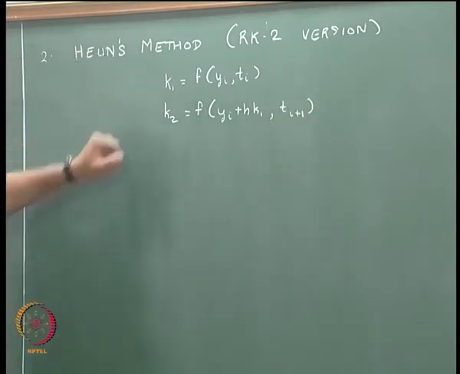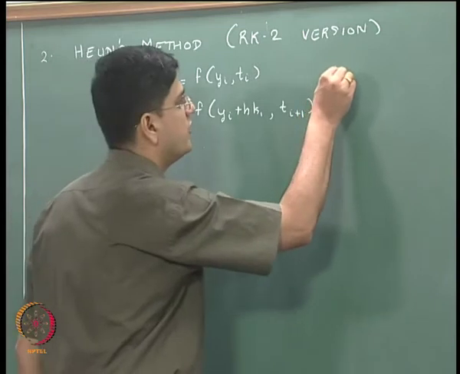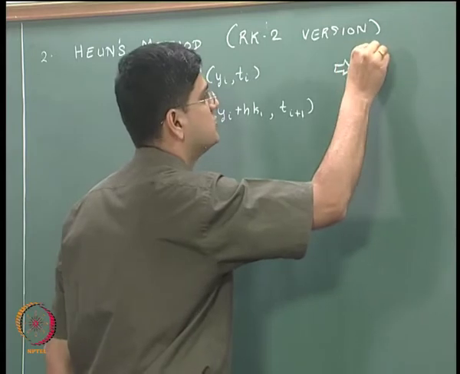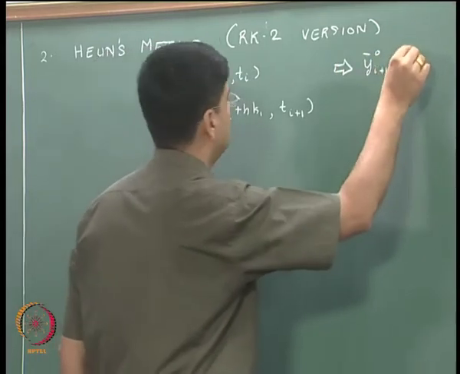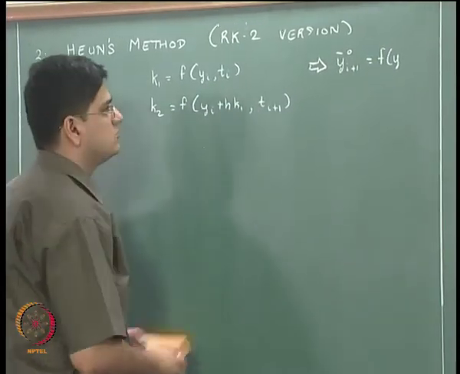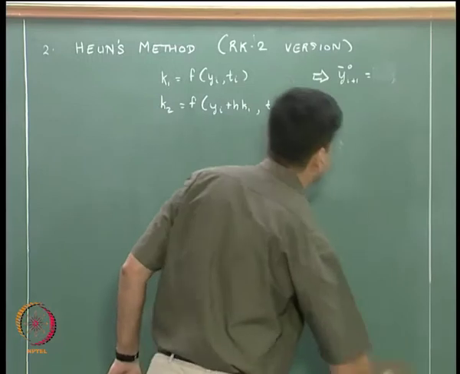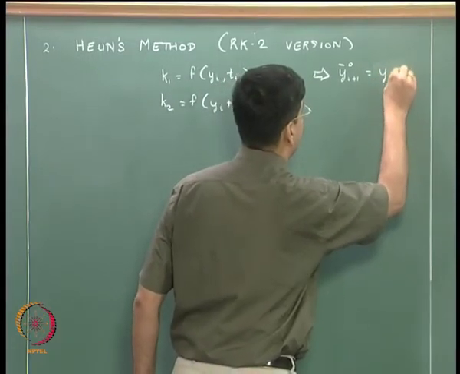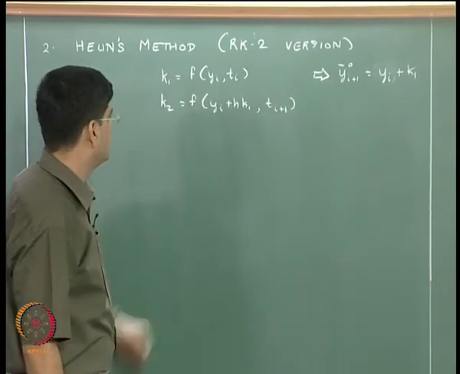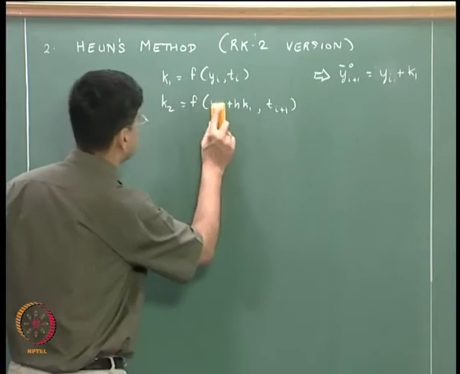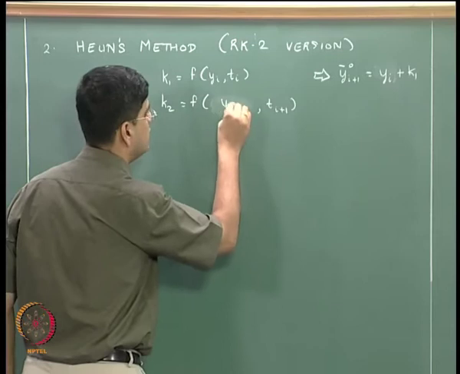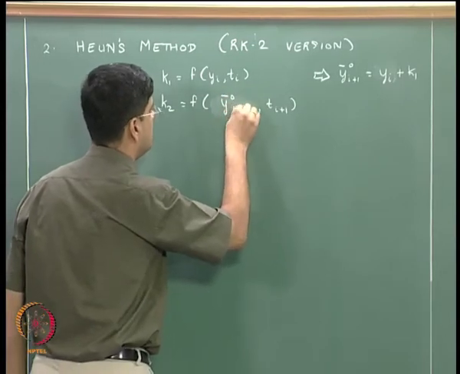Okay, so at this stage we could write y i plus 1 bar 0 equal to y i plus h times K1, and then we will be able to write K2 as f of y i plus 1 bar 0 comma t i plus 1.